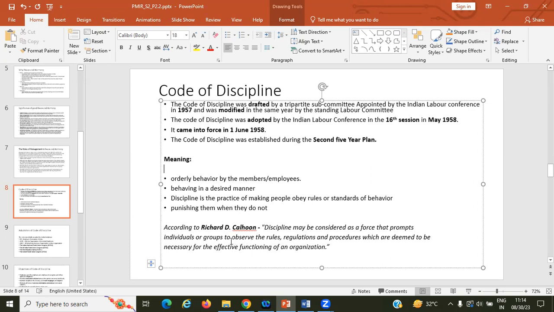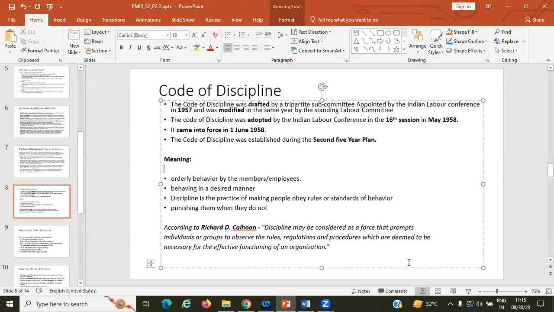According to Richard D. Cullen, there is a definition given in the slide. Discipline may be considered as a force that prompts individuals or groups to observe the rules, regulations, and procedures which are deemed to be necessary for the effective functioning of an organization.